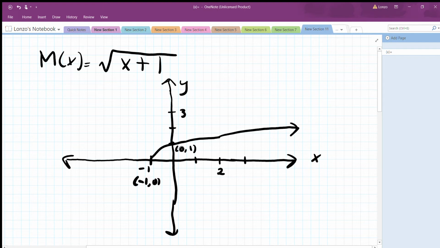This point here is 0, 1, and then if we put 2, it would be 1.7. Notice that the y value does not repeat. So we have a 0 here, 1 here, and then 1.7. It gradually increases, right? So the y value doesn't repeat, so that's why it's still, yes, it's a one-to-one.